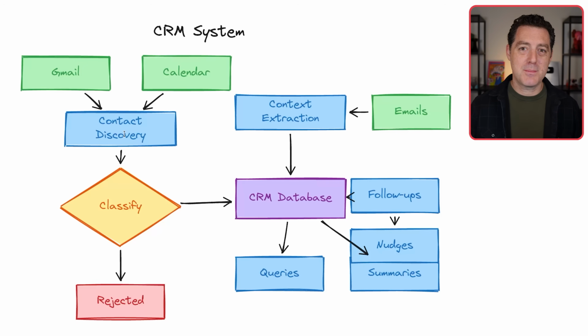So it filters out spam, filters out marketing, filters out event invites, everything, and it classifies it all. It rejects most of them. I think I only have 250 contacts in my database right now. Most are just rejected. Once it classifies it, it puts it in my CRM database. So now I have a record of not only who that person is, but everything that I've talked to them about. It does proactive research about their company.